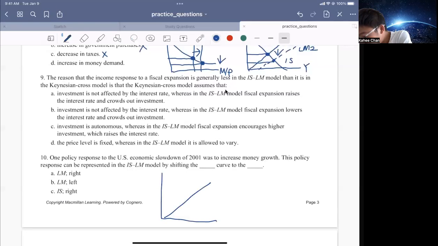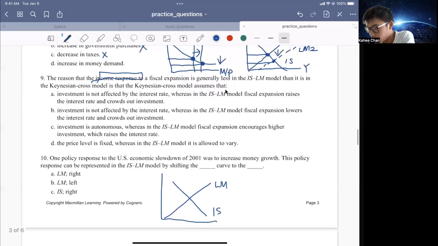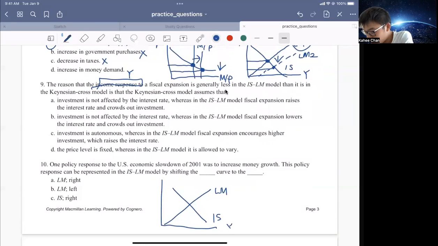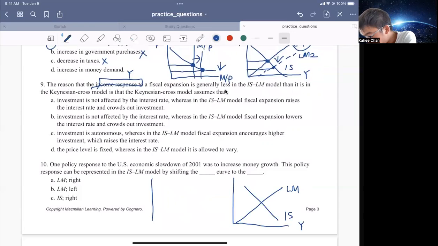Let's begin with the IS-LM model. When we are thinking about the income right here, we are always thinking about Y, right? Because it mentions the fiscal expansion, we need to bring up the Keynesian cross model.